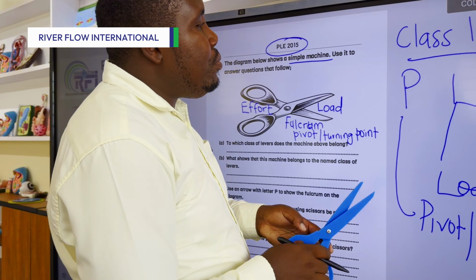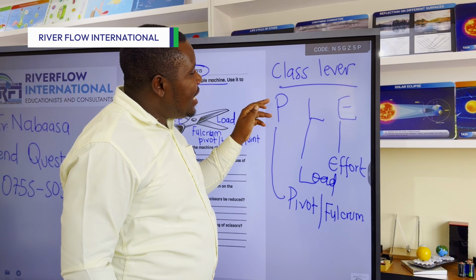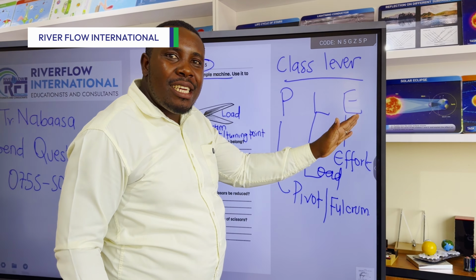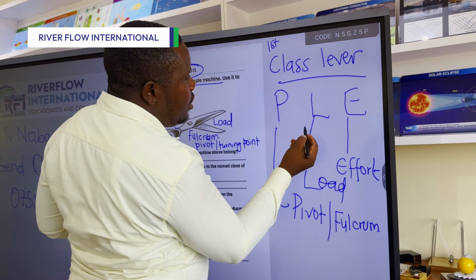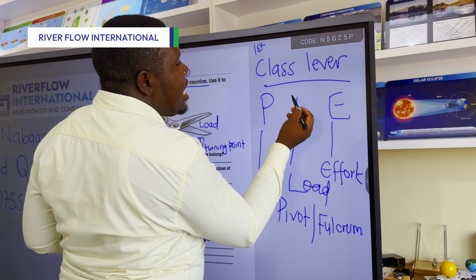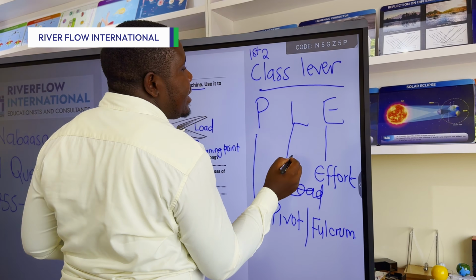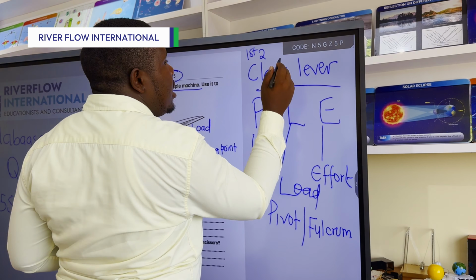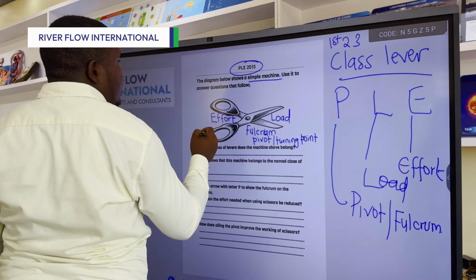Now, I come back to PLE. If pivot or fulcrum is between the load and effort, that one becomes first class. If load is in the middle of pivot and effort, it becomes second class. And if effort is between the load and the pivot, you go to third class levers. So let's look at this one.